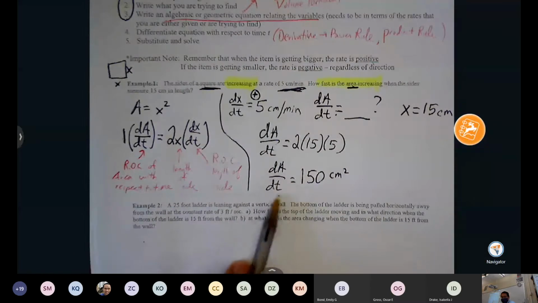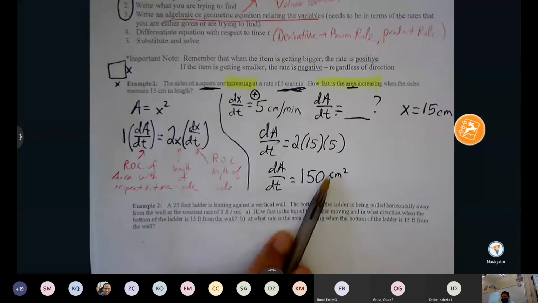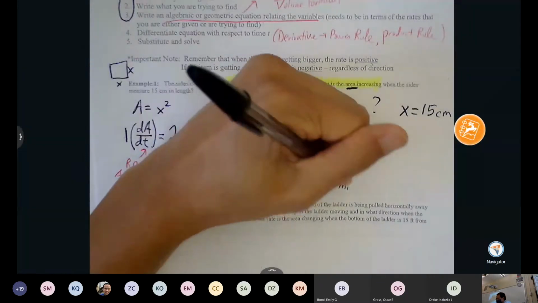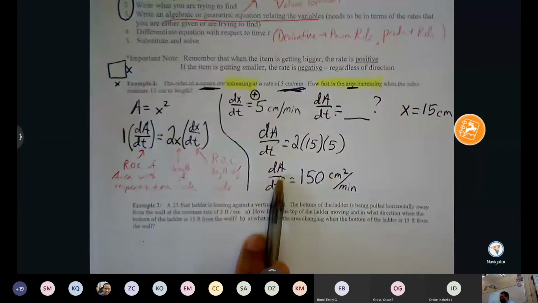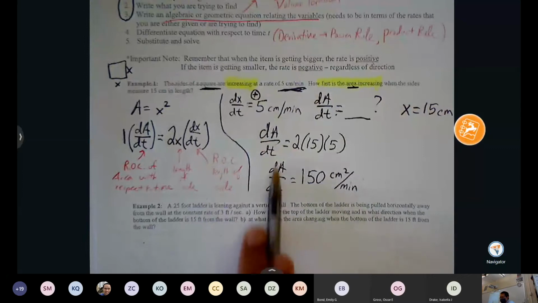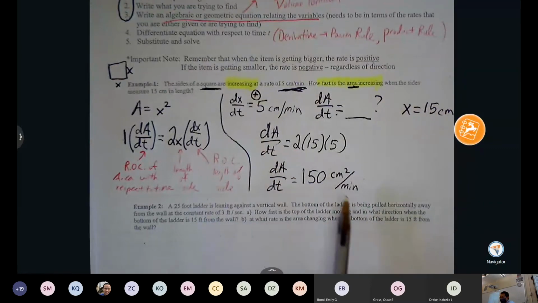What's the time component? Centimeters squared per minute. Okay. So area is centimeters squared, time is minute. We have dA over dt, so we're going to do centimeters squared over minute.